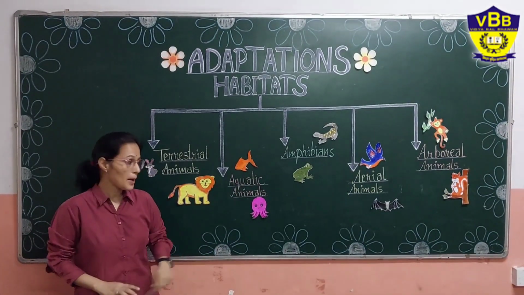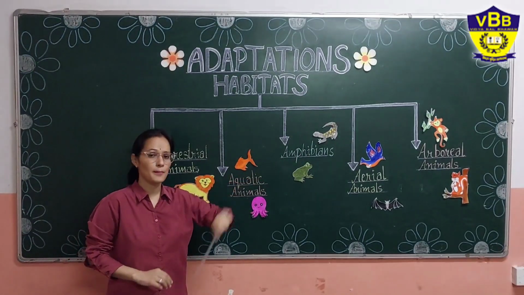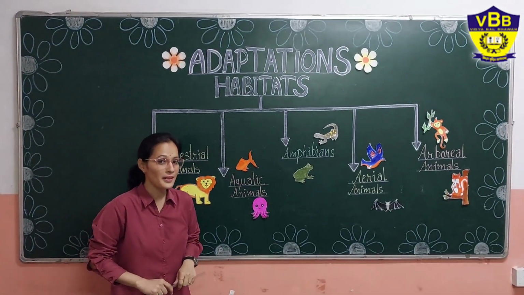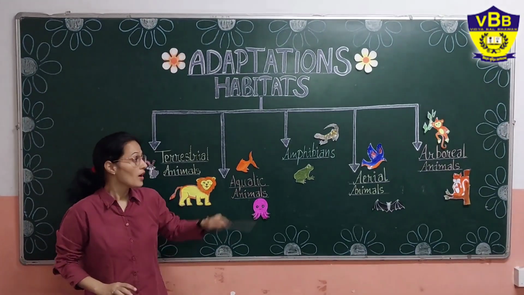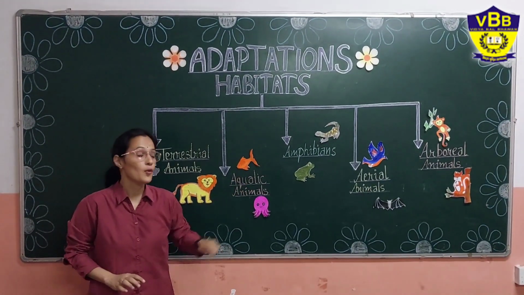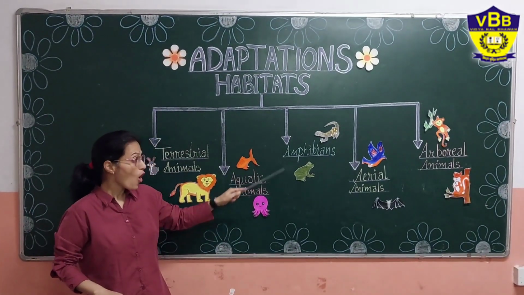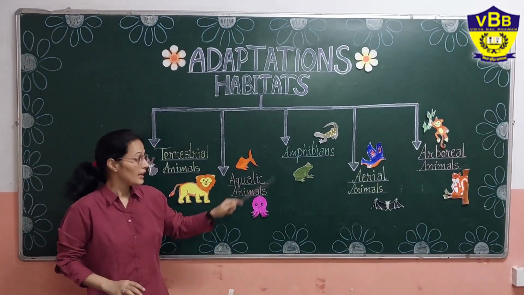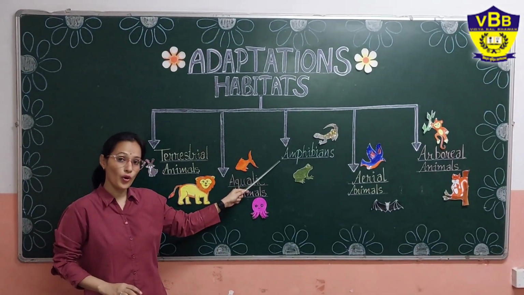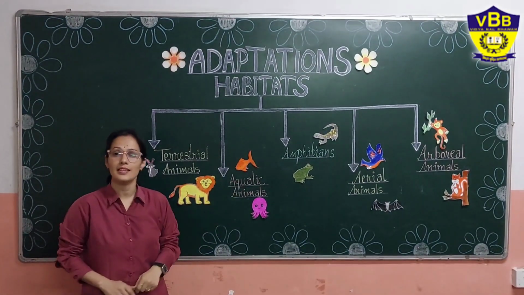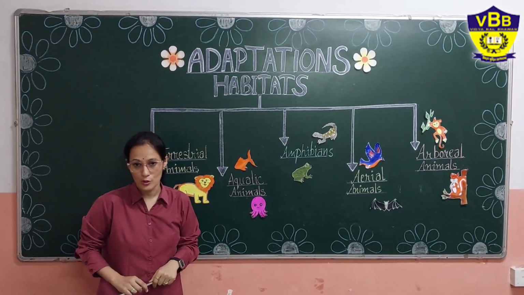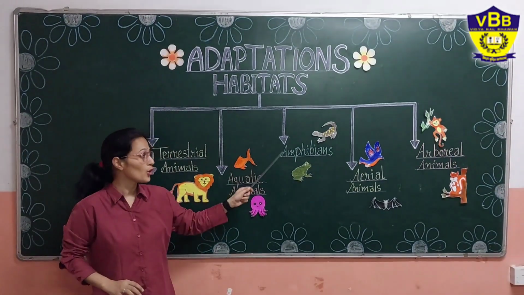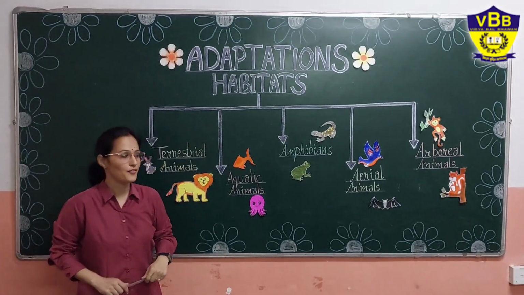I have taken 2 examples, frog and salamander. Can you give me one example? Very good. Yes, toad. A toad is also an amphibian. All the varieties of frogs who live in water as well as on land are considered amphibians. There are different varieties of salamander also, and those are also included in the category of amphibians.